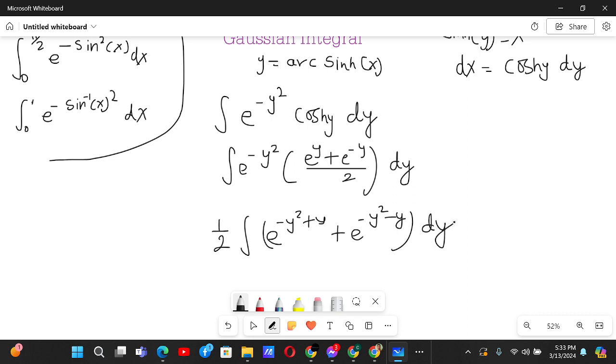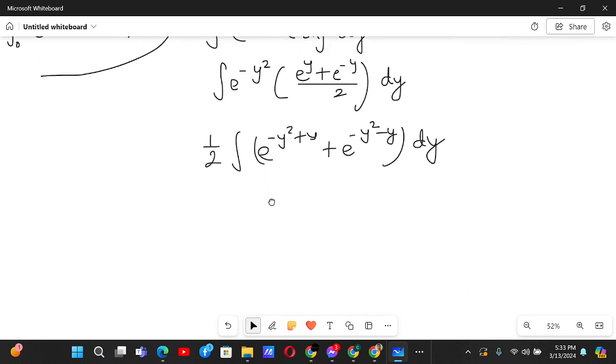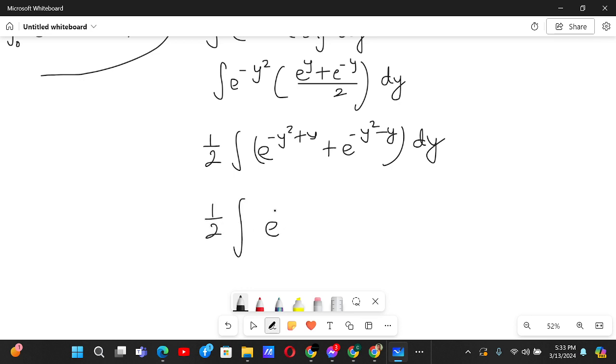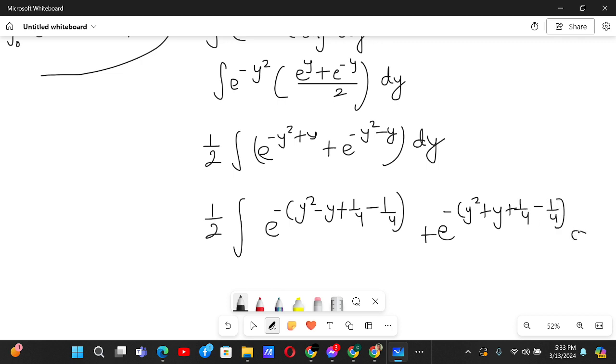Okay, now let us try to complete these squares. e to the power minus of y squared minus y, and to complete the square we need plus 1 by 4 and similarly minus 1 by 4. Over here also, plus e to the power minus of y squared plus y plus 1 by 4 and minus 1 by 4, and then dy.